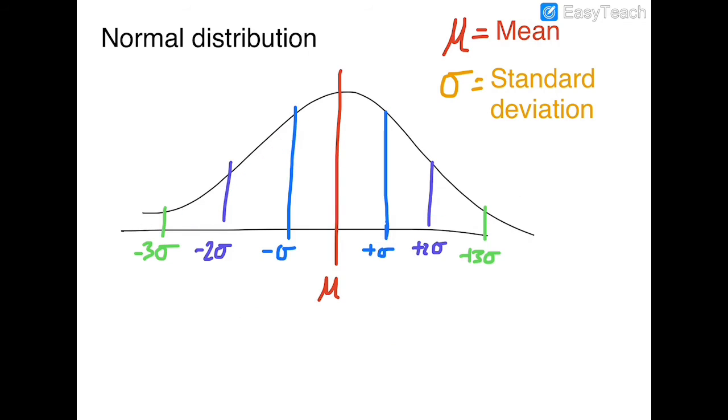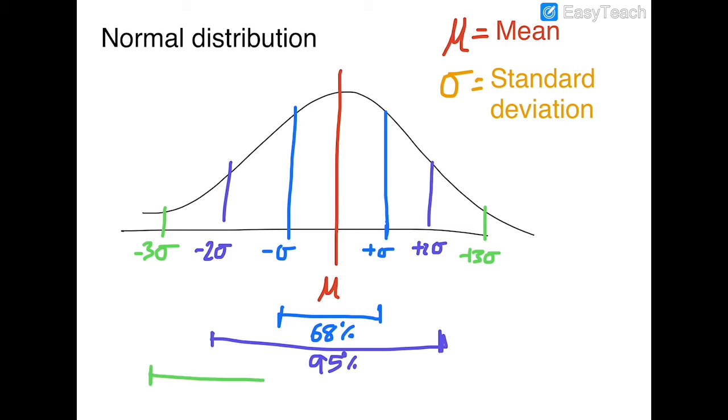Okay? So in conclusion, from here to here we're going to have the 68%, right? From minus 2 standard deviations to 2 standard deviations, we're going to have the 95%. And from minus 3 standard deviations to 3 standard deviations, we're going to have the 99%, right?